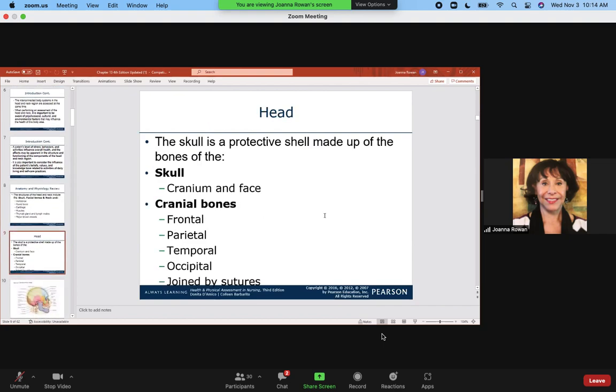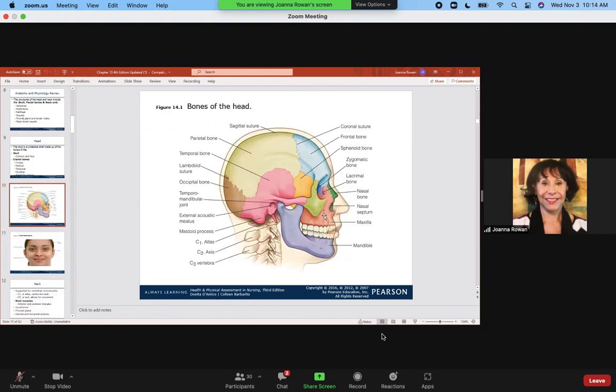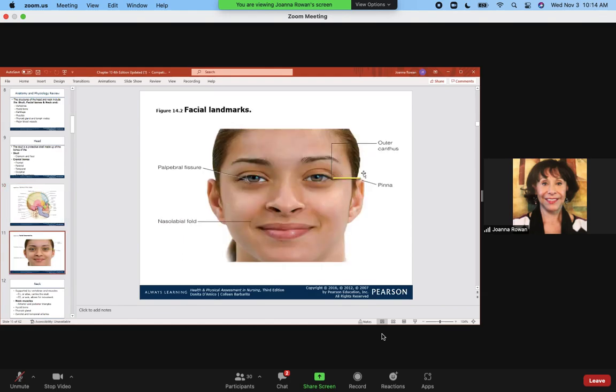Okay, so I'll tell you where to concentrate. Nothing on these bones of the skin. It is important, and this you can just make a note of: the canthus, the palpebral fissure, the nasolabial.